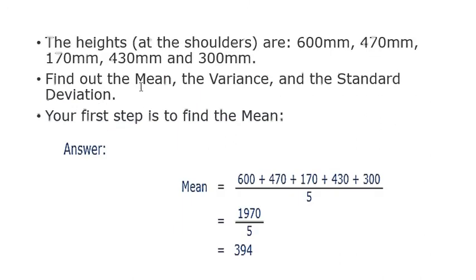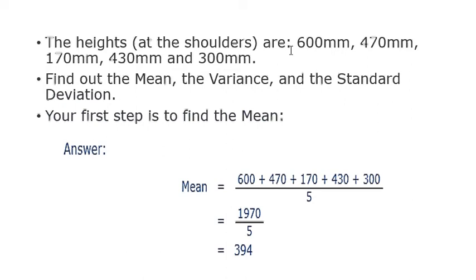The heights at the shoulder are: first dog 600 millimeters, the second dog 470 millimeters, then 170 millimeters, 430, and 300 millimeters. Now that we have those heights, we will get the mean, and of course we can get the variance and the standard deviation.